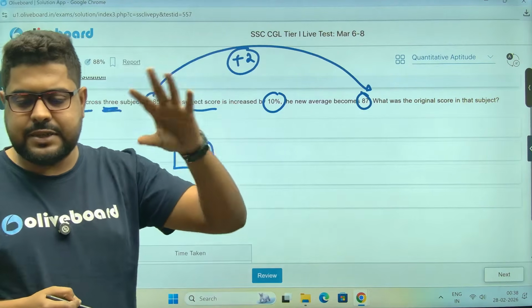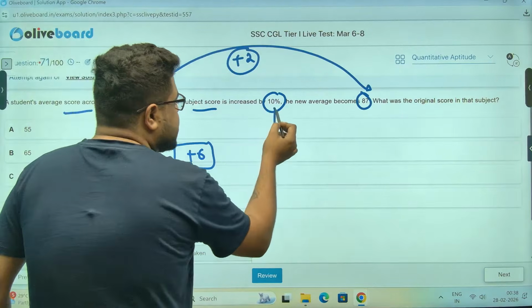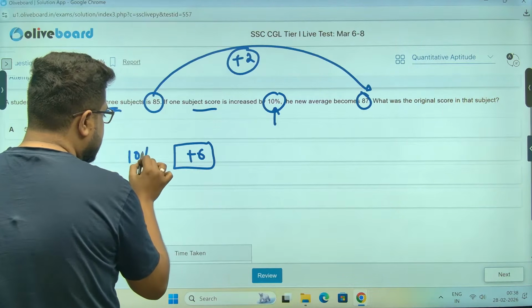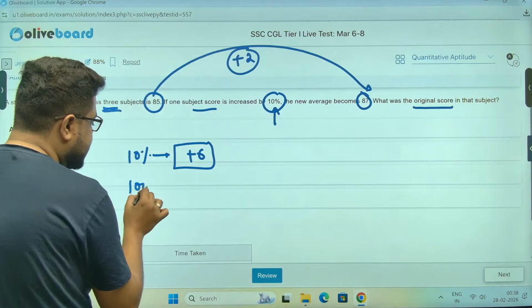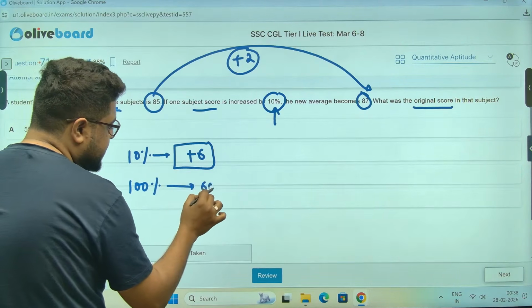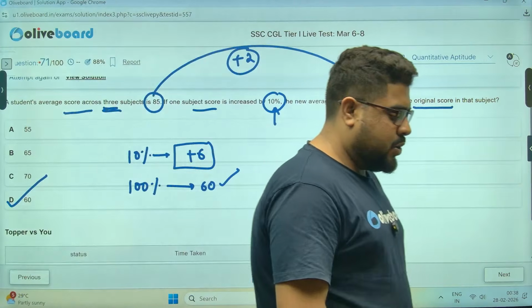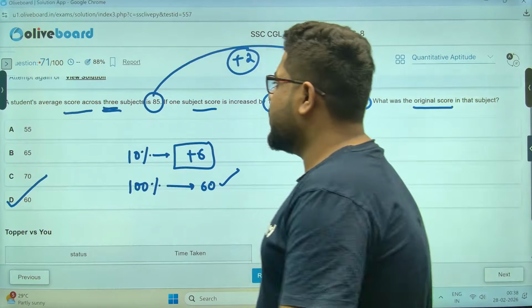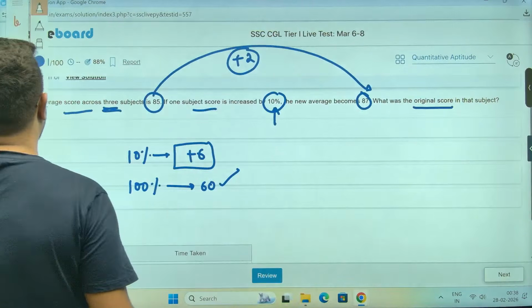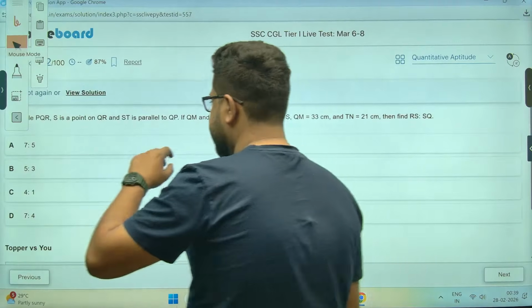So for three subjects, it is increasing by 6. Now that is equal to 10% of the original score. So they are asking original score of the subject, which was 100%, which is 60, sir. Done and dusted. Option number D, sir. Again, no need to do anything which is super critical. Again, a very simple question.